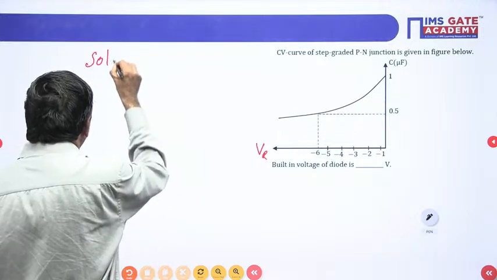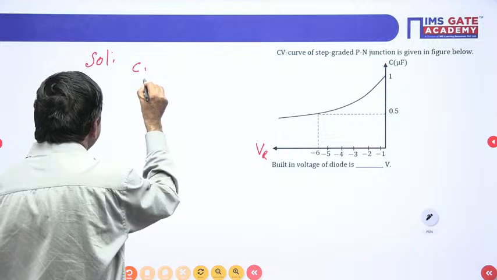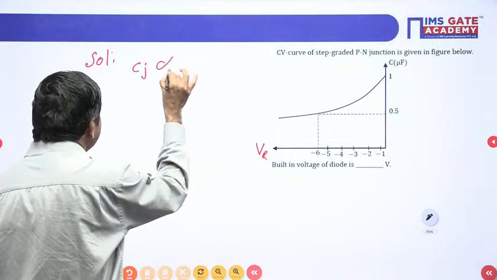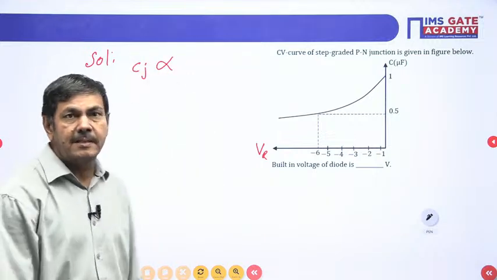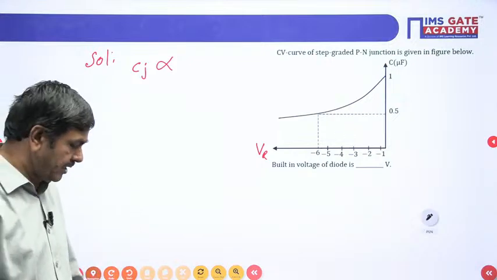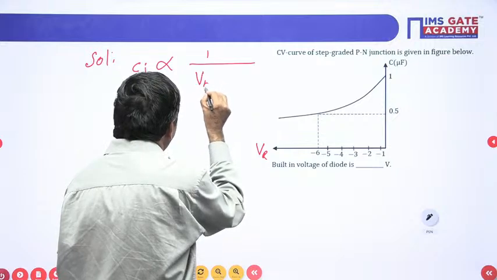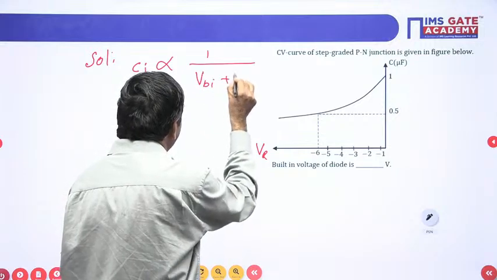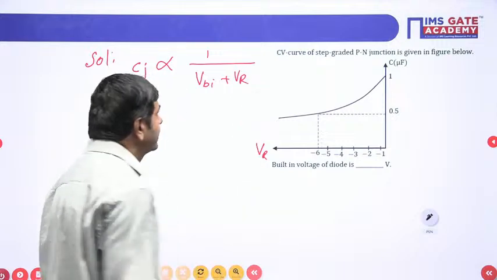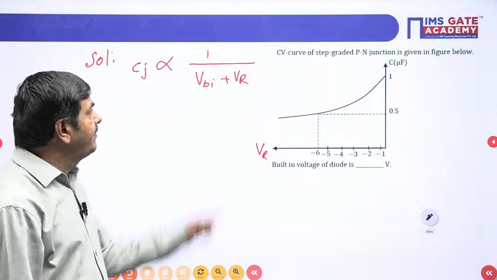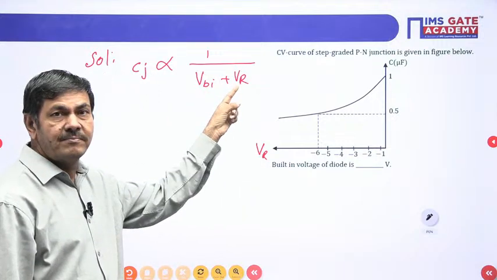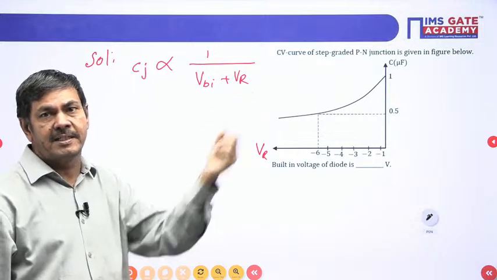Solution I can write now. Junction capacitance Cj is directly proportional to 1 by VBI plus VR. The general formula is VBI minus reverse voltage.